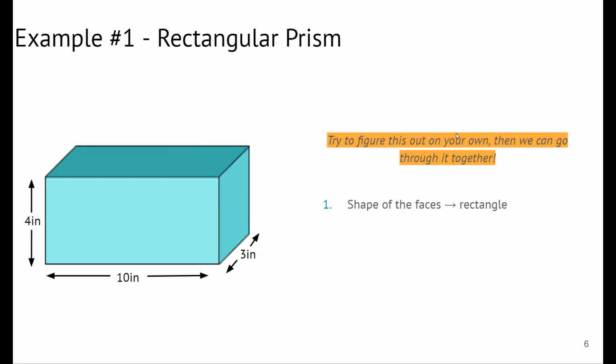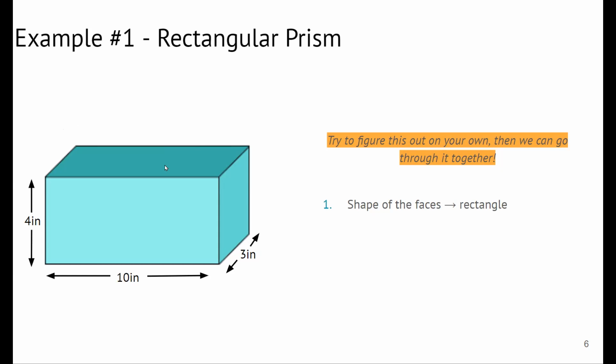So face shape 1 is 3 times 4, which is 12 inches squared. And we know that there are 2 faces like this. There's one here, and it's not really visible, but it's on the other side, exactly opposite on the rectangular prism. And so we multiply that by 2. And then face shape number 2 is 4 times 10.